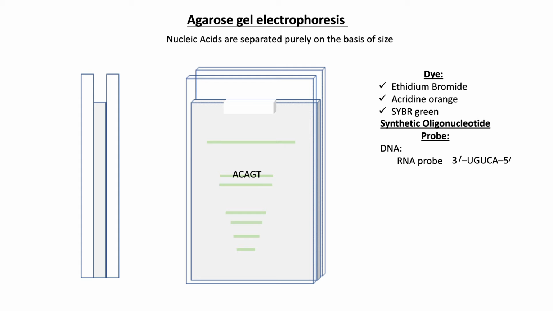Whatever happens, it always follows the Watson-Crick base pairing rules, and the base pairing is always anti-parallel. So if the sequence is 5' to 3' ACAGT, here it will be ACUGU. So this is the sequence of RNA.